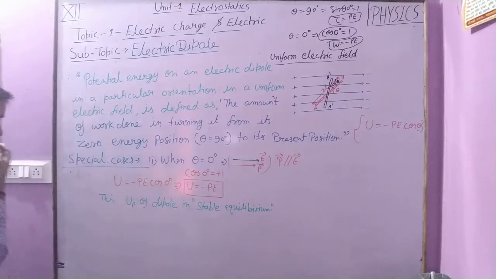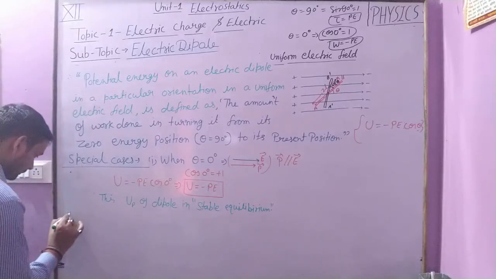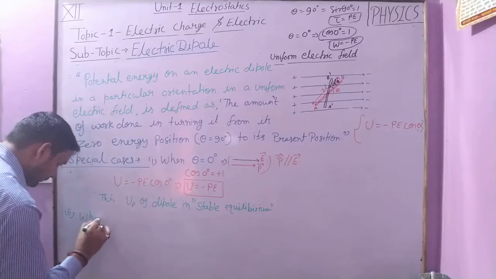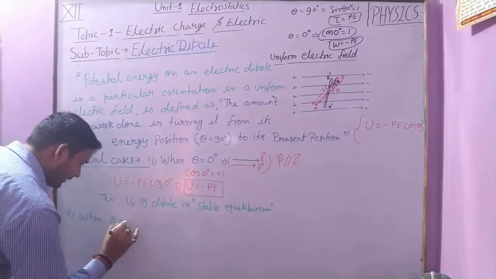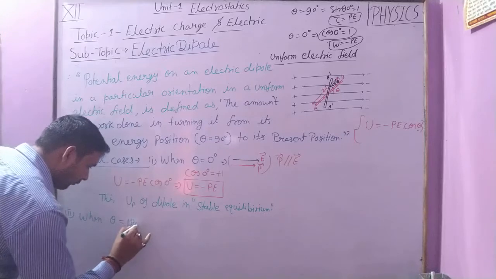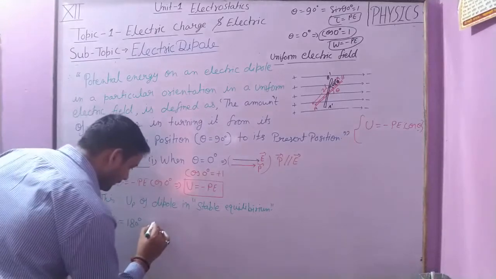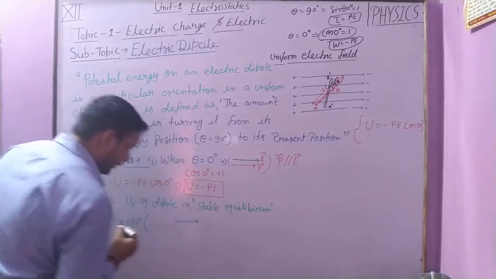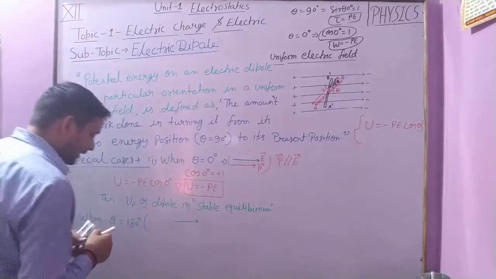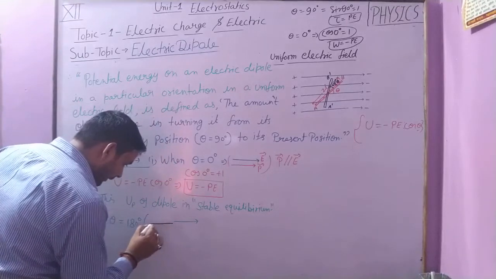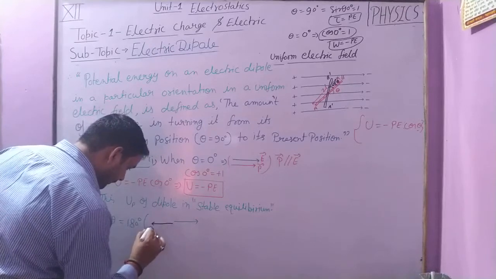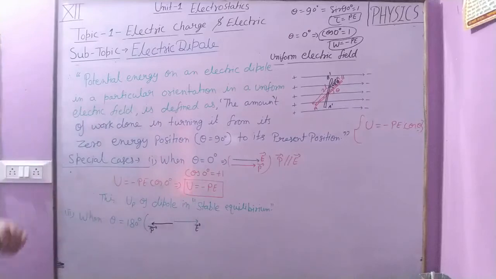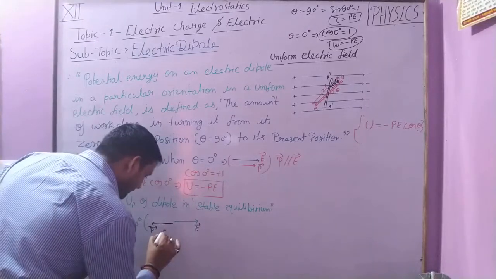Now second, when theta is equal to 180 degrees, which means this is the direction of the electric field and this is the direction of the dipole, which means anti-parallel.